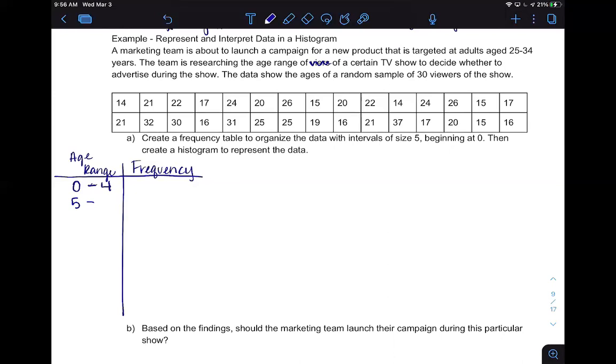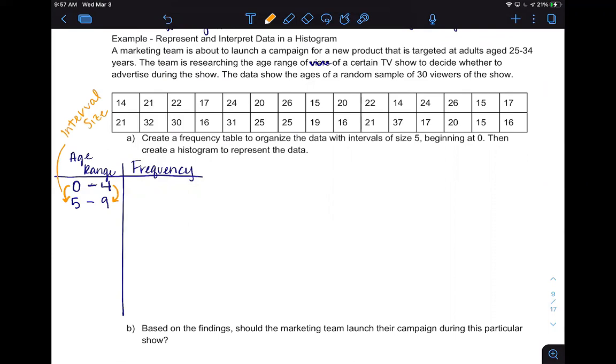So it's going to go from 5 to 9. Okay. Here's where that interval size falls. From here to here, and from here to here. That is your interval. So if you want to add, you're going to add from the beginning of each one or the end of each one, not in between the two classes. Okay.